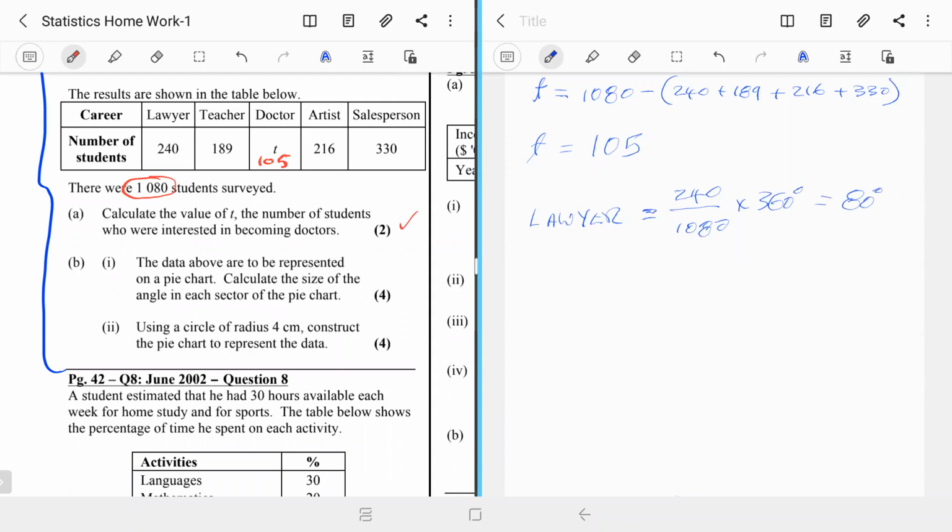And then the next one is the teacher. The teacher is going to be 189 divided by the 1080 and then multiplied by 360, so you can know the angle it is going to use up.